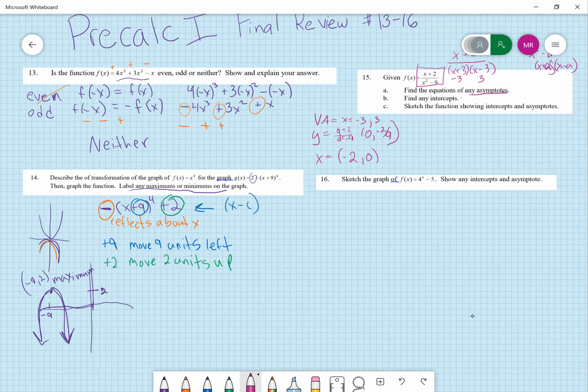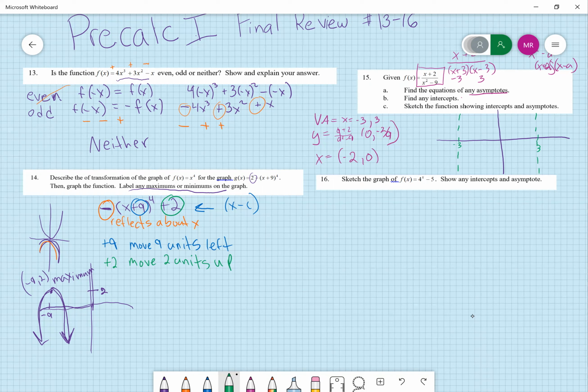So let's graph. We get our x and our y-axis. Now let's draw in those asymptotes. At -3, I'm just going to draw it with some dashed lines. Then at 3. Our horizontal, we don't have to worry about this one because it gets crossed.